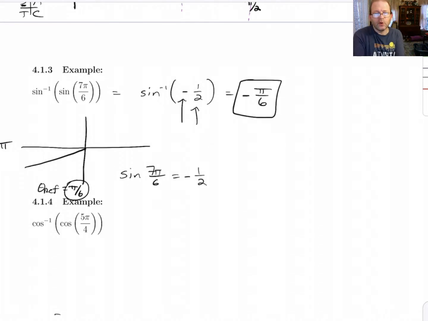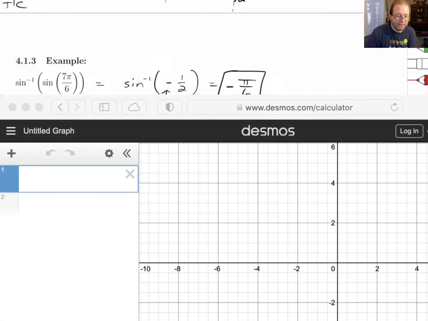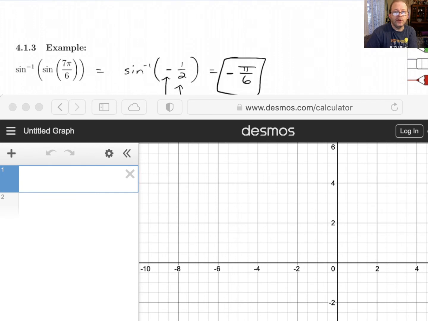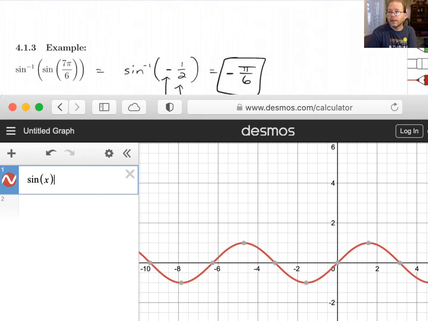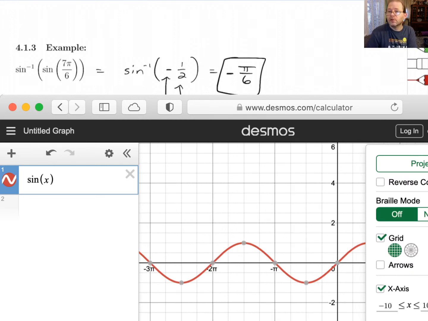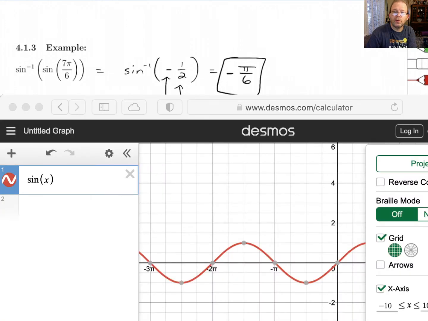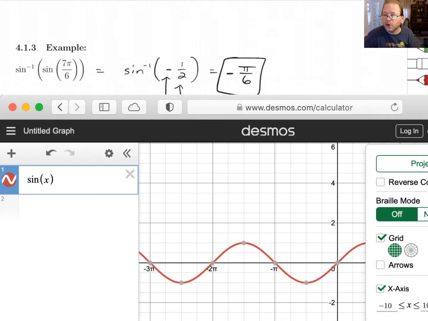You know what? Maybe it's worth looking at this on Desmos. If I just put in sine of x, I'm going to change this over here to give me steps in terms of pi. Sorry about that.